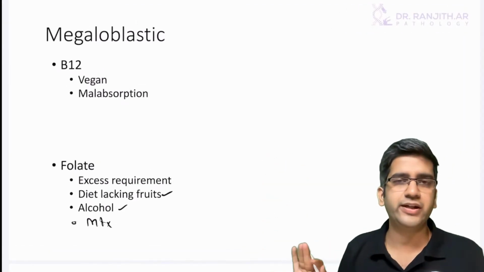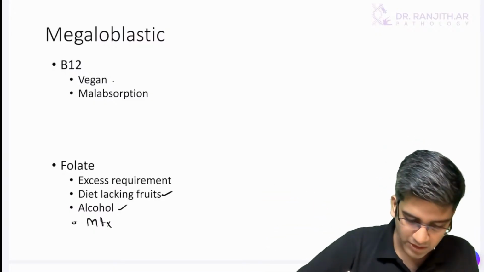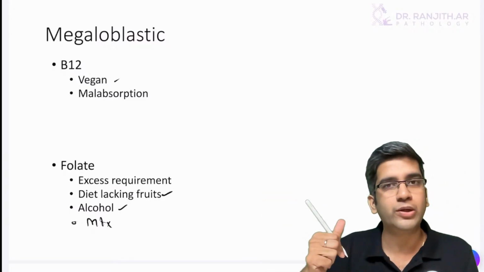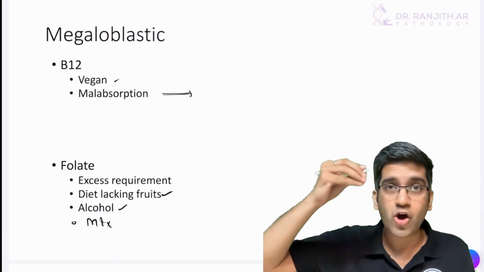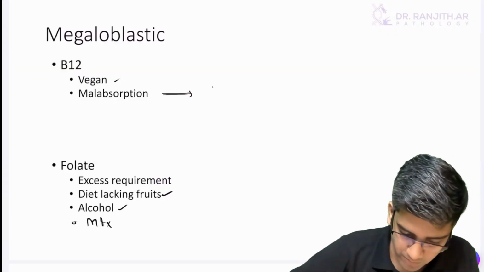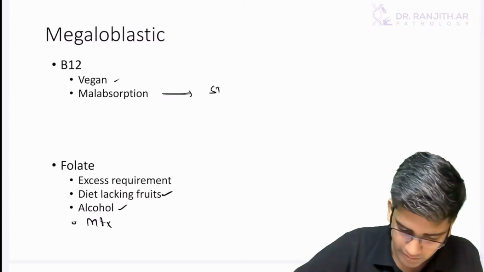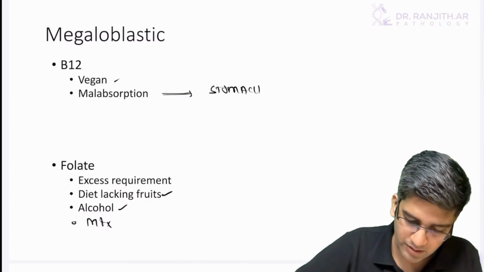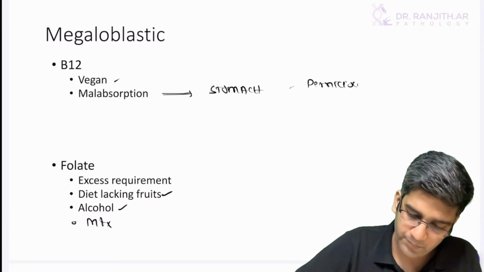If it's not an LAQ, just write these are the causes: B12 deficiency, folate deficiency, right? Etiology: vegan diet, no milk protein, no animal protein, malabsorption. There's a long list of malabsorption causes. It could be a problem in the stomach. You can either have autoimmune gastritis or pernicious anemia.